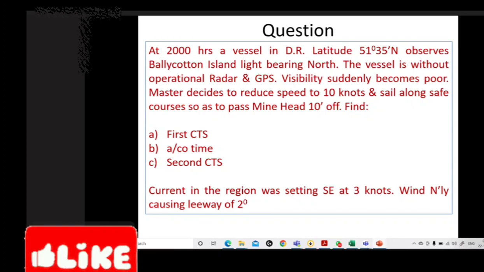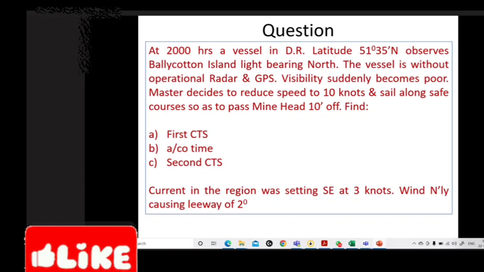The master decides to reduce speed to 10 knots and sail along safe courses to pass Mine Head 10 miles off. Find the first CTS, the alteration time and the second CTS. The current in the region was setting southeasterly at 3 knots. Wind is northwesterly, causing leeway of 2 degrees.